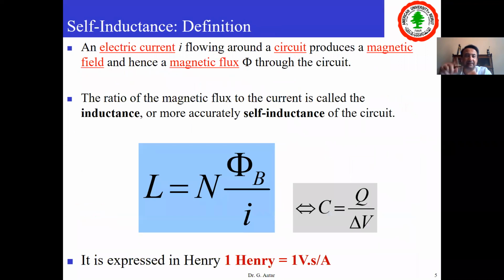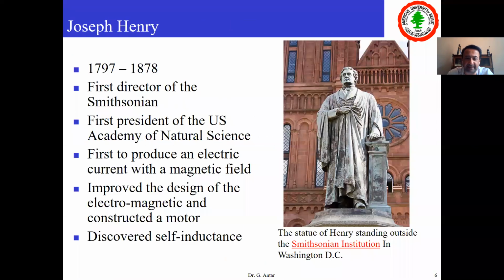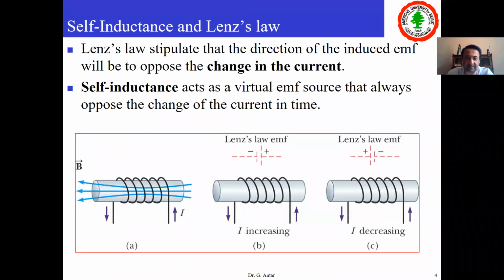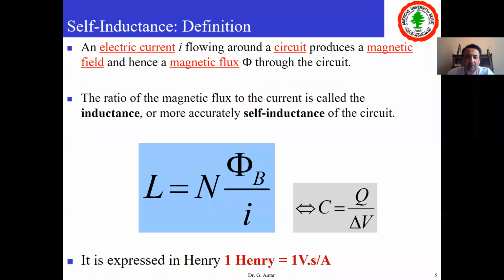The inductor is usually drawn as a solenoid, with an inductance defined by L. L is equal to N, which is the number of turns, phi B, the magnetic flux across the area, and I, which is the current.